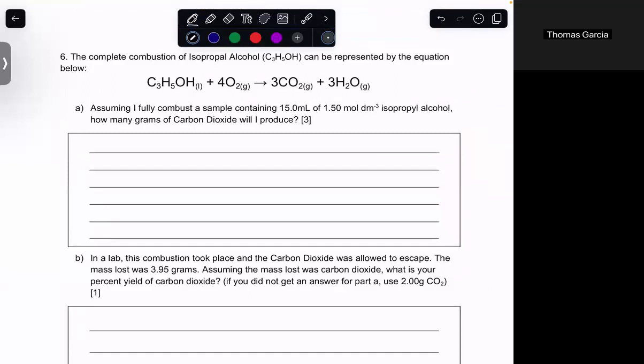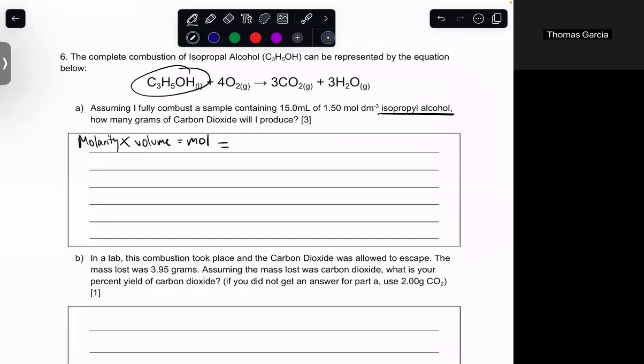All right. The last question. The complete combustion of isopropyl alcohol, C3H5OH, can be represented by the equation below. Assuming I fully combust a sample containing 15 milliliters of 1.5 mole decimeter cubed isopropyl alcohol, how many grams of carbon dioxide will I produce? So what I first need to do is find out how many moles of isopropyl alcohol we have. So I'm going to use molarity times volume equals mole.